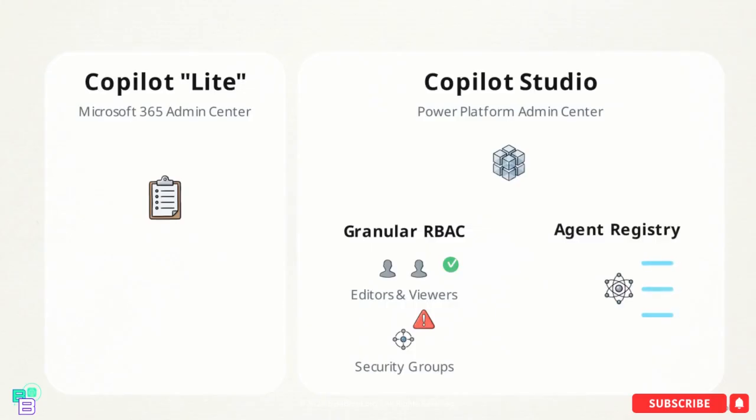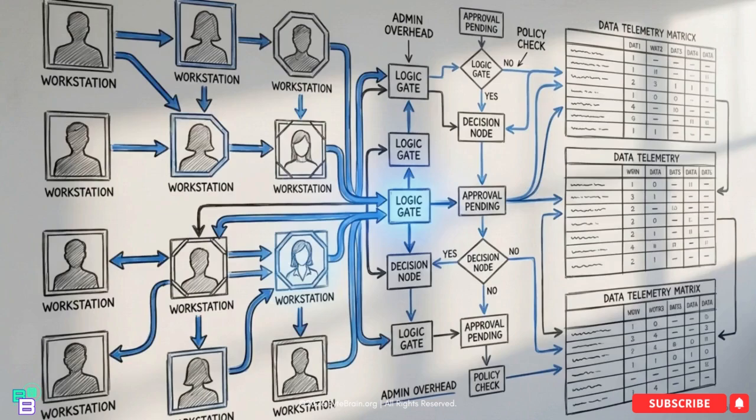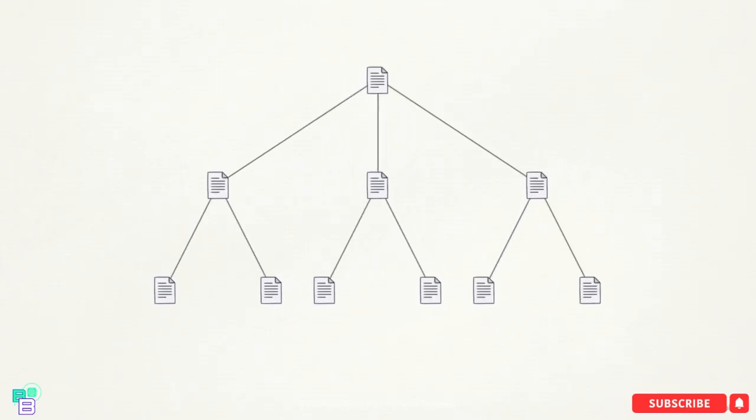IT admins also gain centralized oversight through the agent registry, inspecting metadata, reassigning ownership, or blocking published agents entirely. Full is not magic. It introduces deployment friction, requiring your team to manage administrative overhead and formal lifecycle processes. While Full requires more effort to deploy, it transforms a sprawling, unmonitored risk into a governable enterprise asset.